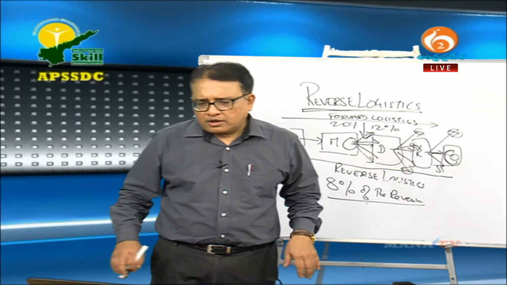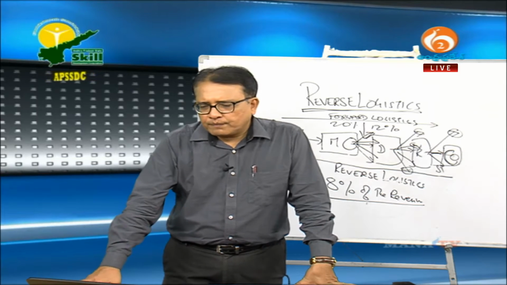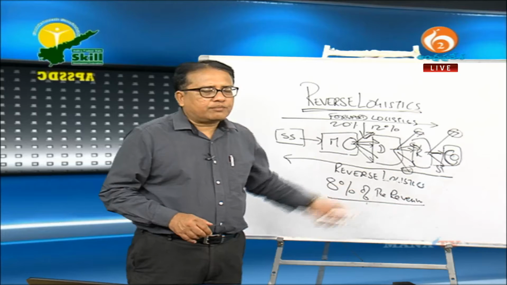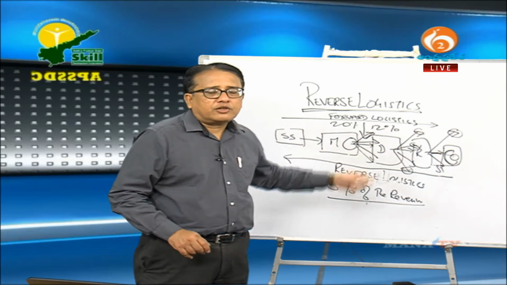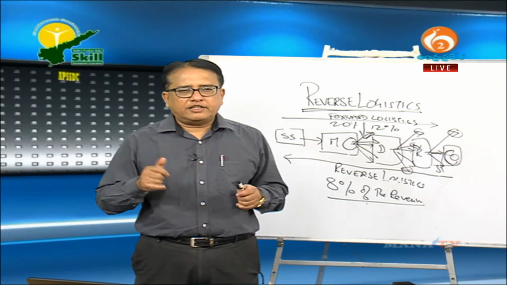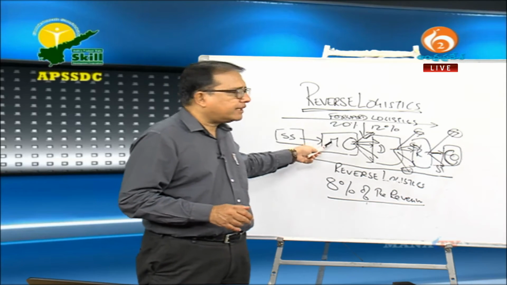Disposition options clear. Pricing relatively uniform, pricing different on many factors. Importance of speed is recognized, speed often not considered a priority. Now, when you send a shipment from a manufacturer to a customer, there is always a time frame, you always have a target in terms of the time that is required by the customer.